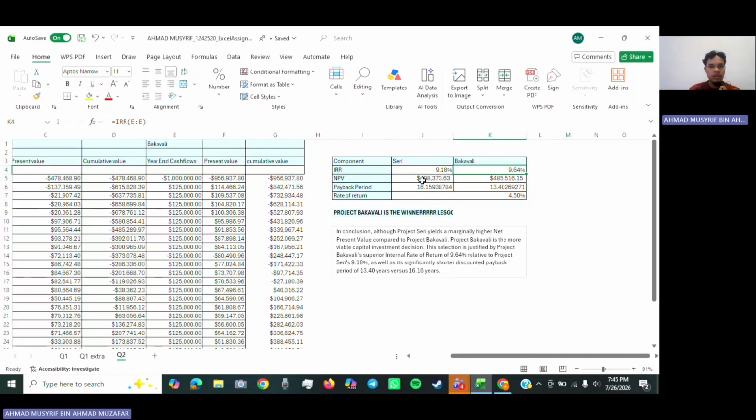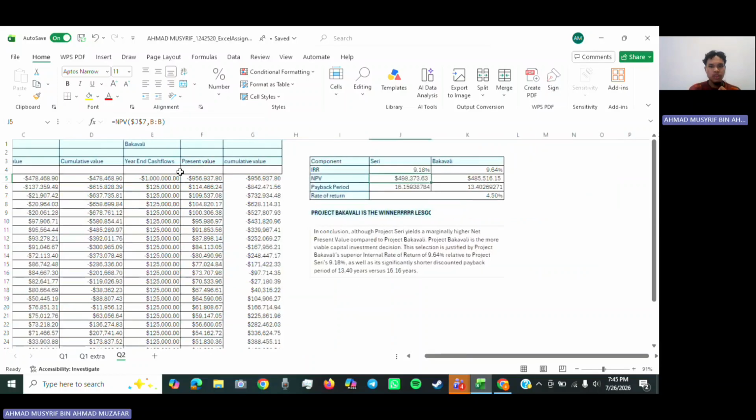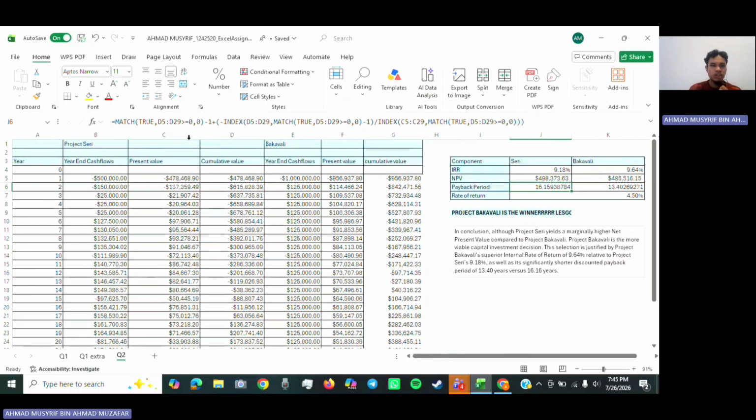For NPV, we use NPV, and put the rate of return first, and then the whole column. The same goes for Bakavali. For the payback period, we use the MATCH formula. Next we use INDEX, and then MATCH INDEX, so we get this value.